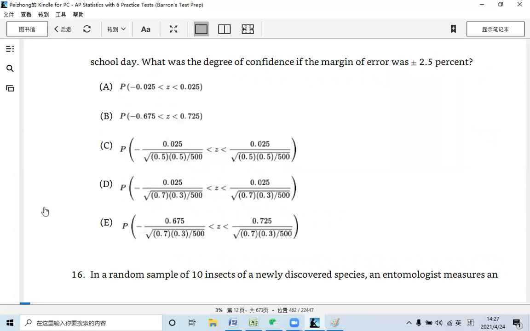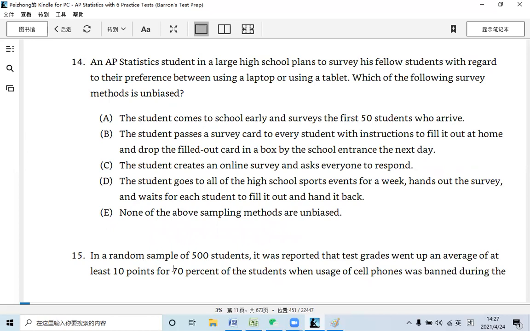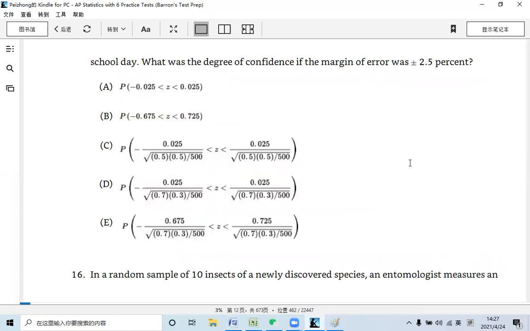All right, this is a confidence interval question. You have a random sample of 500 students, and 70%. 70% is a percentage, plus and minus 2.5.